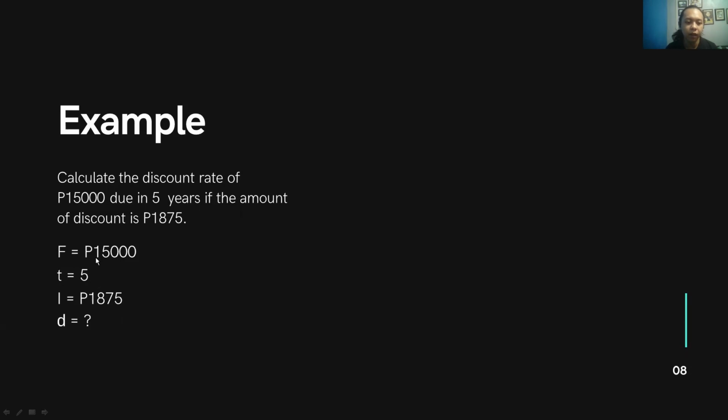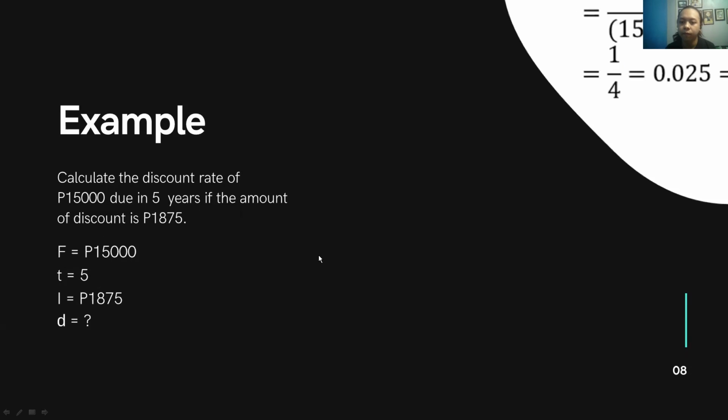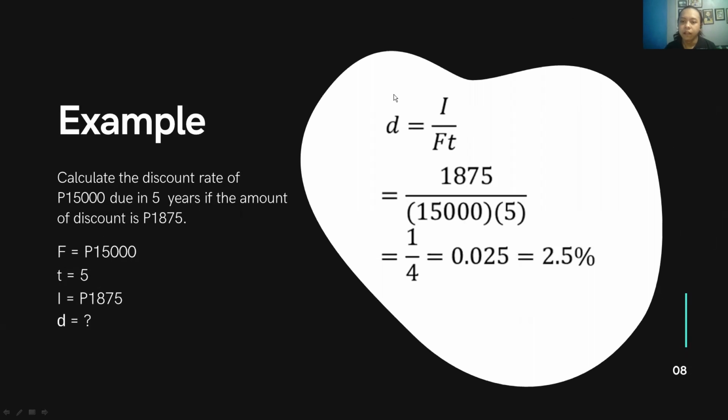Given the face value of 15,000 pesos, time in 4 years, and discount, also known as interest, of 1,875, we can find the discount rate. This formula is just a conversion of the formula for finding the interest.